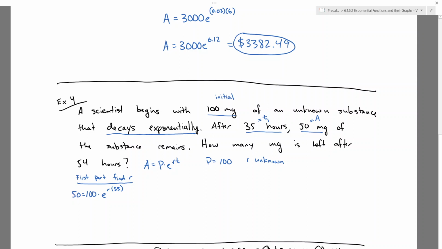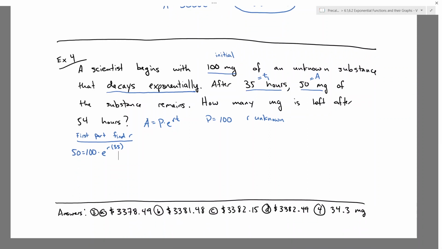So 50 divided by 100 is 1/2. e to the 35 times r. Okay, so now I have to cancel the exponential e by using the natural log.